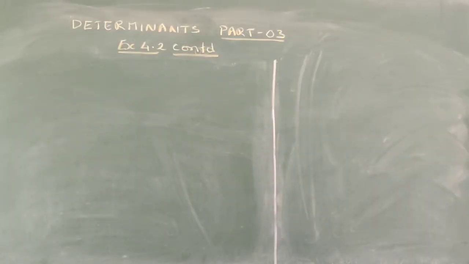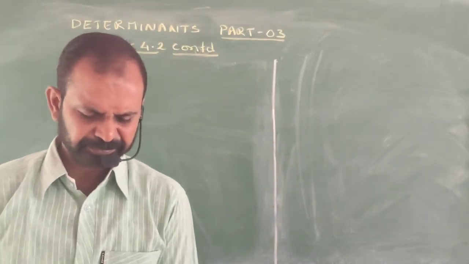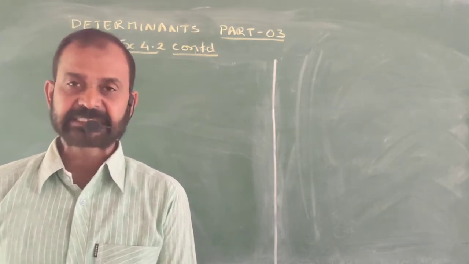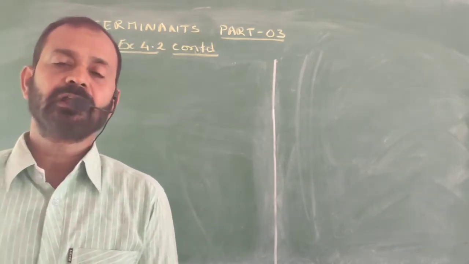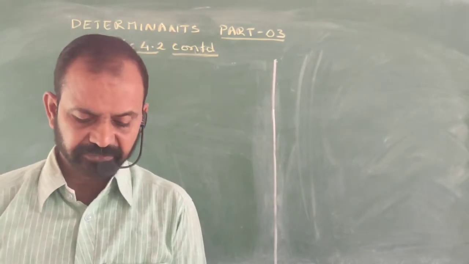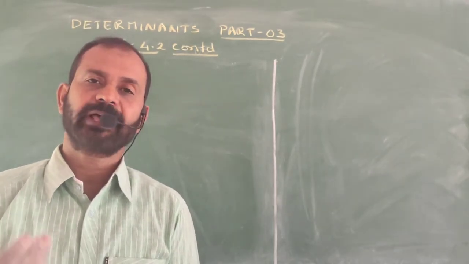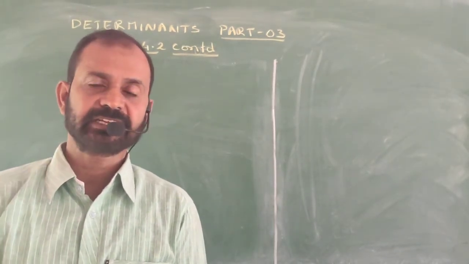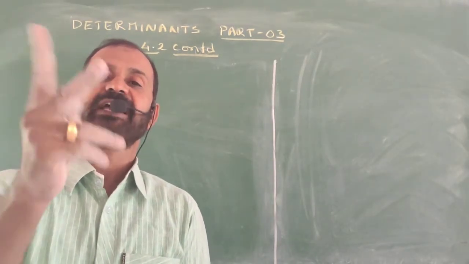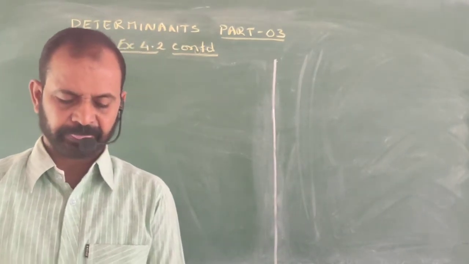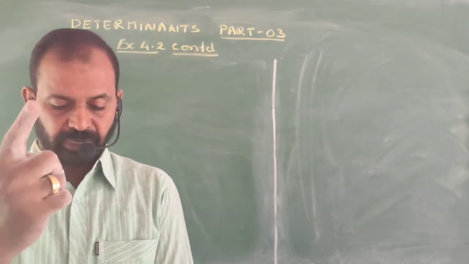Let me proceed to the next problem, that is the second case. Again, 1 is there in the first row, so you have to apply the same procedure. You have to make two ones as 0, that is 1 minus 1.